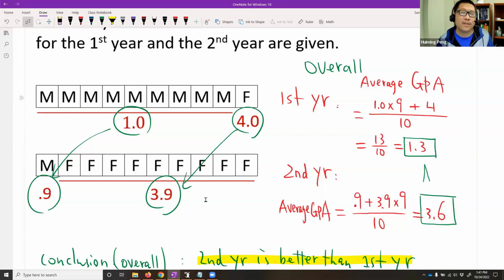So how about the overall? For the overall, the male and the female are completely different. So probably the female students worked much harder, and they did much better than the male students. So if you put the male and the female students together to evaluate the average GPA, it is not good. Make sense, right?